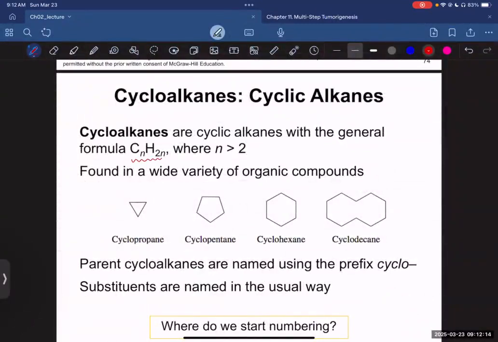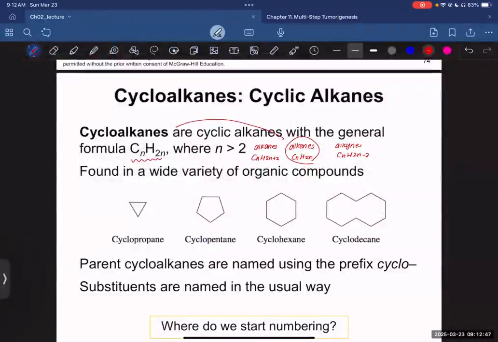This is exactly the same as the molecular formula of alkenes, because alkenes likewise had CnH2n, whereas alkanes had CnH2n plus 2, and alkynes had CnH2n minus 2. So alkenes and cycloalkanes are going to have the same type of molecular formula.